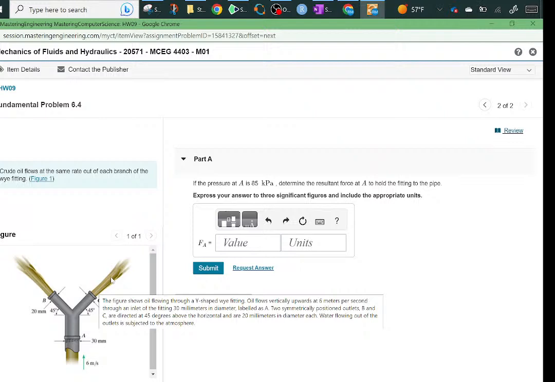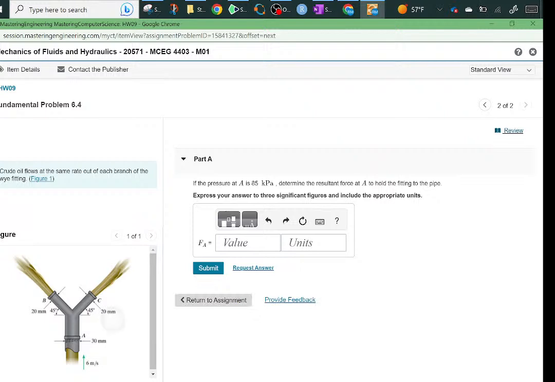Okay. But the diameters are the same. Since the diameters are the same, it wouldn't matter whether it's flow rate, m dot, or velocity. Determine the resultant force holding the fitting to the pipe. Okay. Look at that.